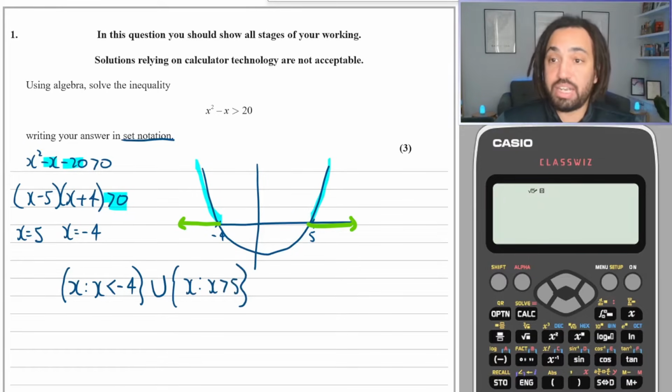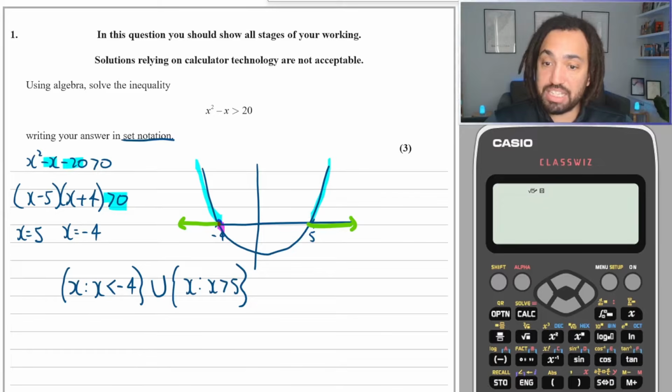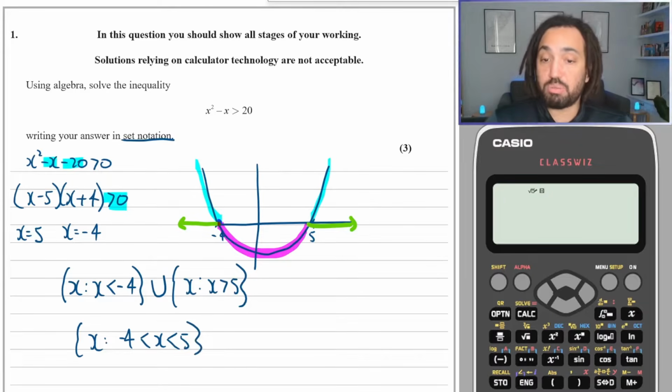And that's how we do it in set notation. Just quickly added information, if we were looking at less than 0, then we'd be looking at the bit in between -4 and 5, and we would just write that simply as x can be between -4 and 5. So that's what we would do if this question was a less than.